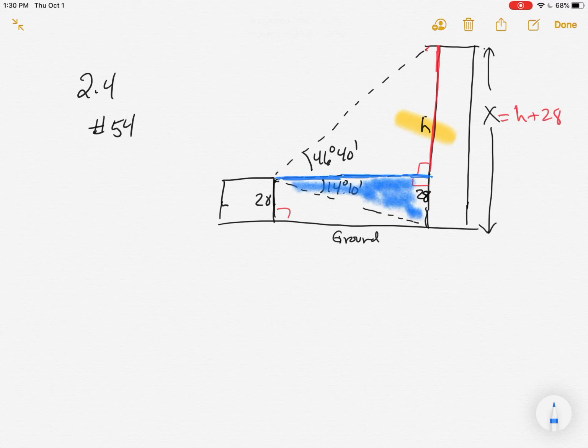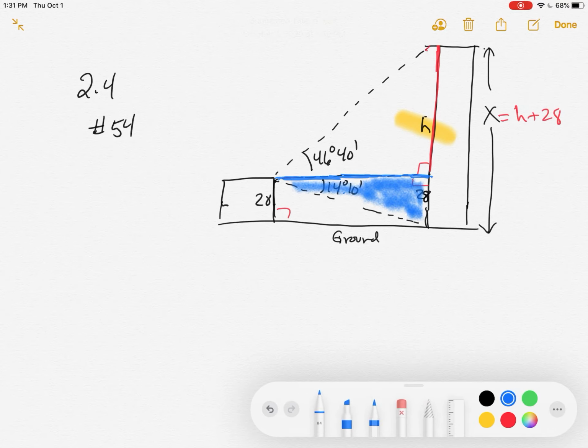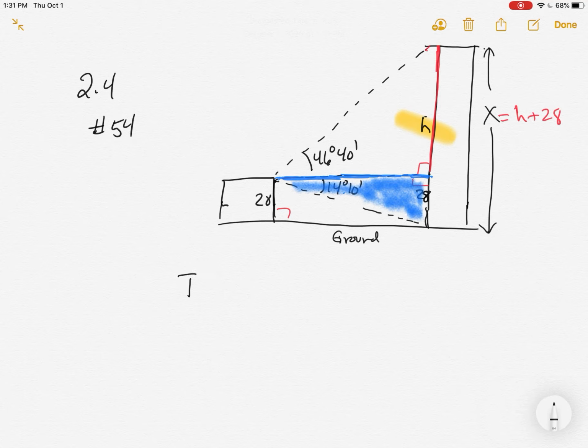That's the one I'm focused on. I want to get that top blue side of it. No problem. What do I know? I know an angle in that triangle, and I know the opposite side, and I want the adjacent side. So opposite and adjacent is tangent. So tangent of 14 degrees 10 minutes needs to be equal to the opposite over the adjacent.